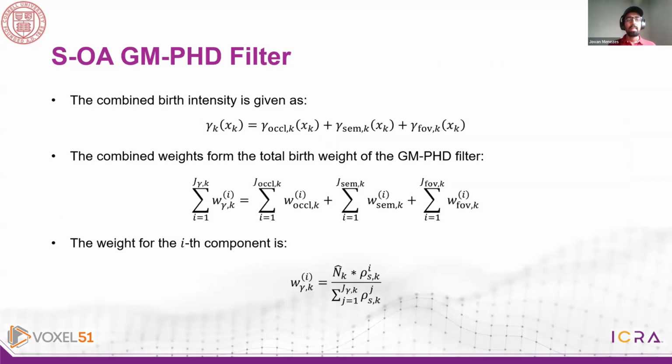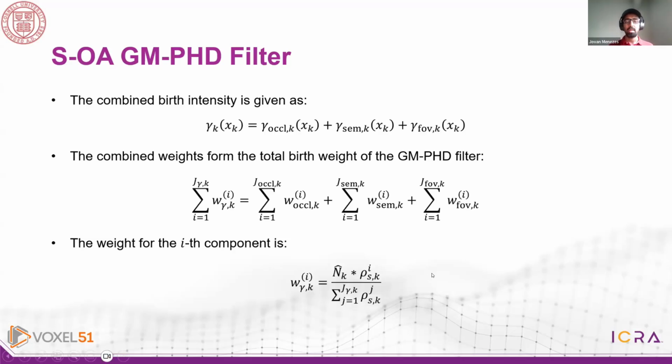Then we simply combine each of these birth hypotheses by adding the components together. Similarly, the combined weight of the birth intensity, gamma, is a simple summation of the weights of each component arising from each birth hypothesis.